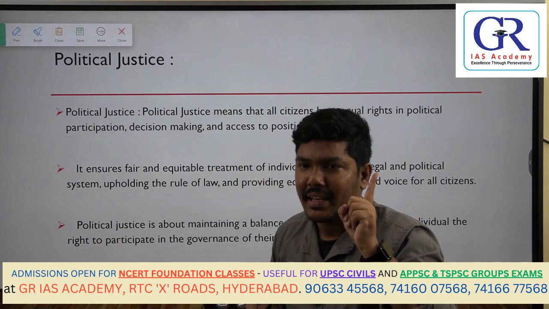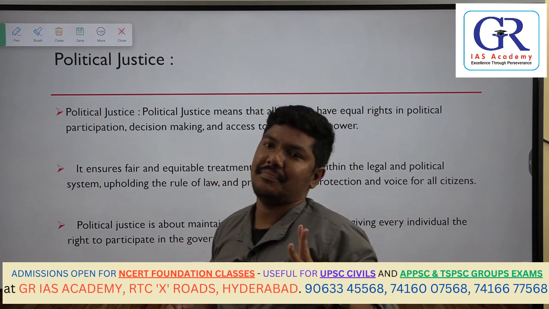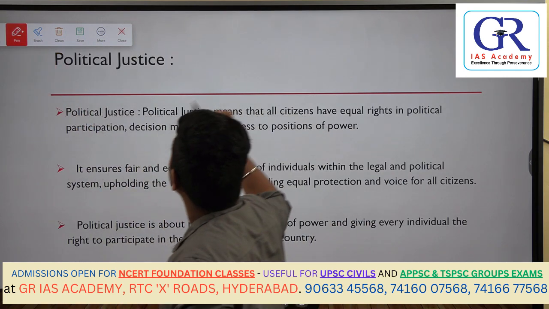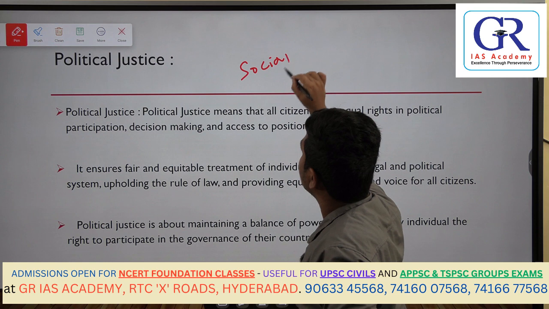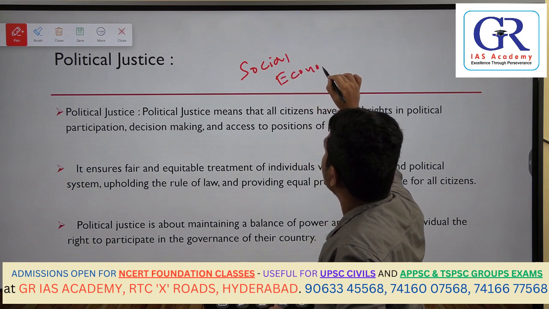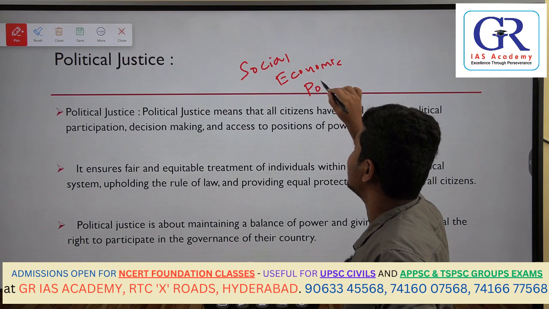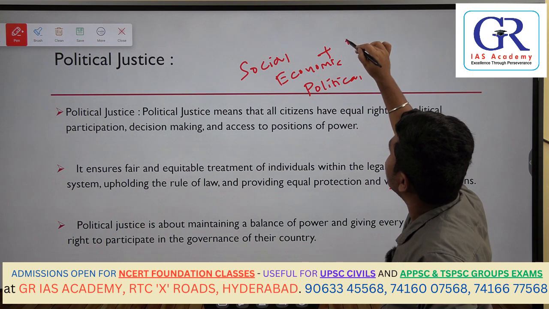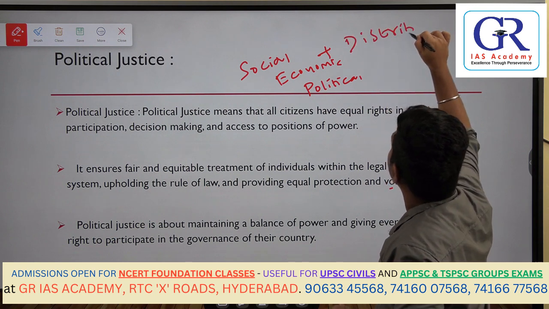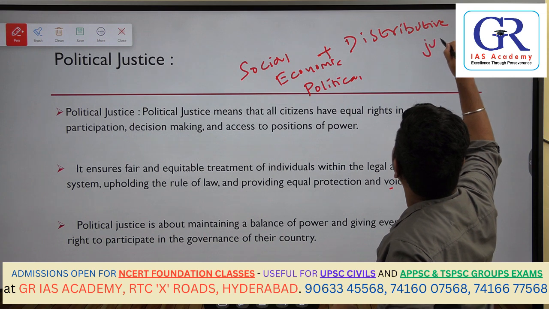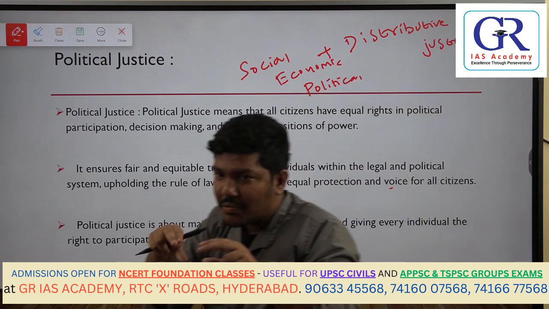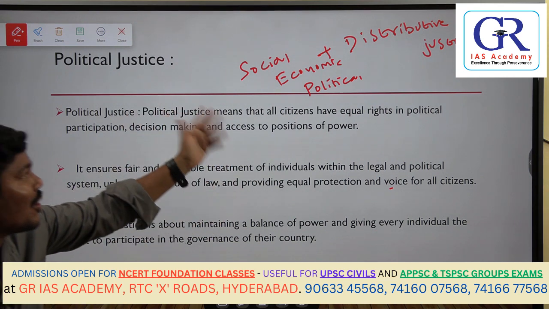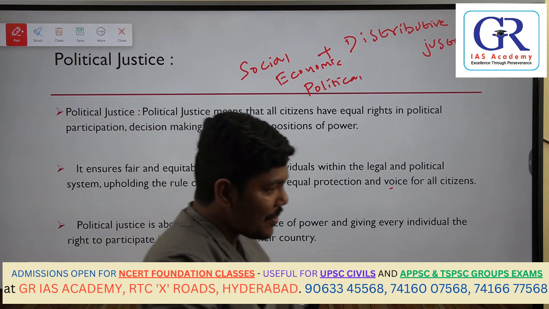Only 3 justices are there: social, economic, political. Social justice, economic justice. What is the third one? Political justice. Correct. Social justice plus economic justice is called distributive justice. Which of the following combinations is it?